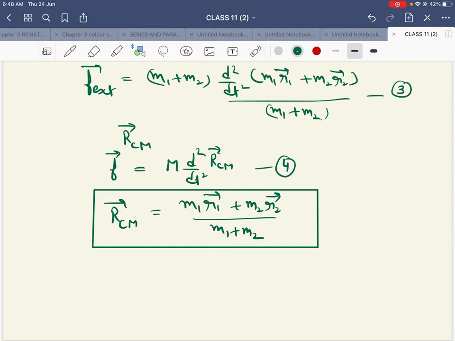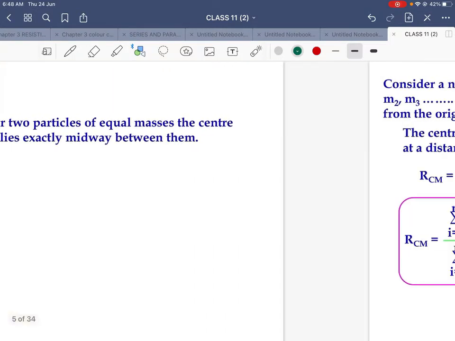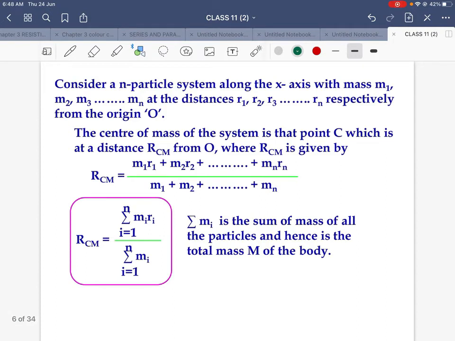Similarly, we can find the position of center of mass of a system consisting of n particles, suppose having masses m1, m2, m3, and so on up to mn at distances r1, r2 and r3 respectively from the origin. Then the center of mass of the system is given as m1 r1 plus m2 r2 and so on up to mn rn divided by the total mass.